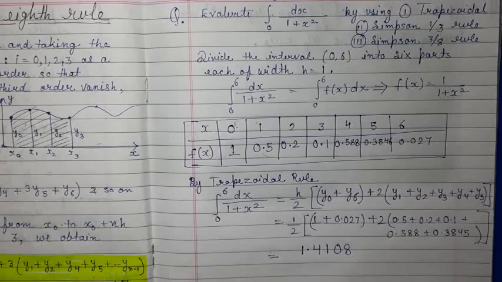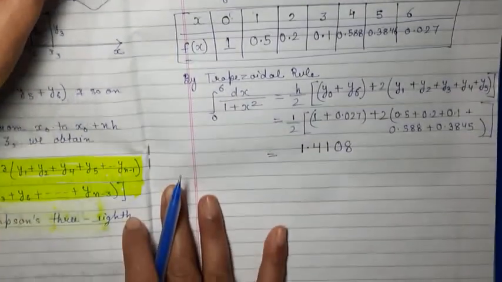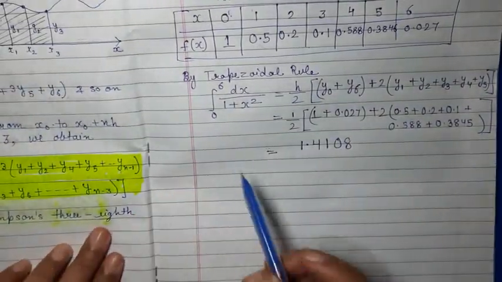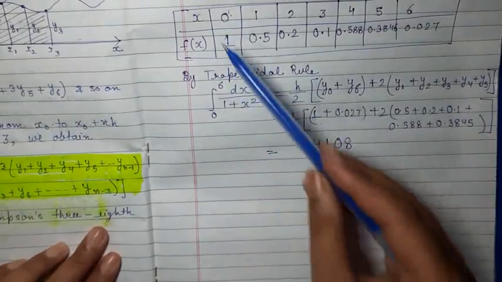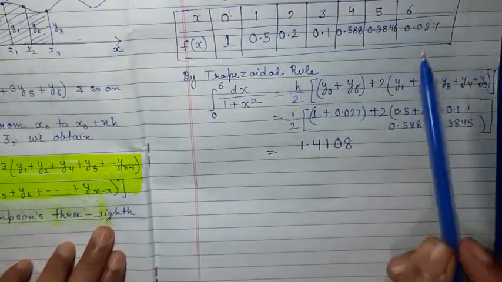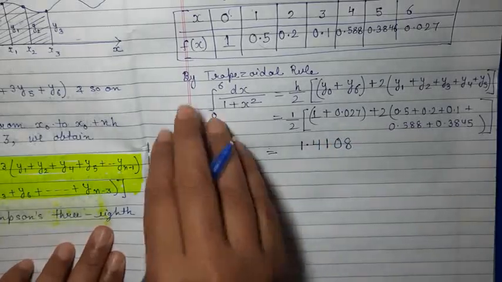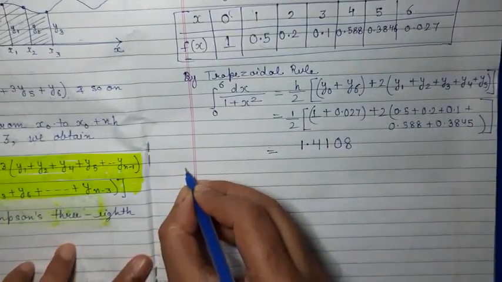Now we are going to use Simpson's rule. In Simpson's rule, we don't have to take intervals one by one, like here we have taken 0, 1, 2, 3, 4. What is the formula for Simpson's rule? I am just explaining here.